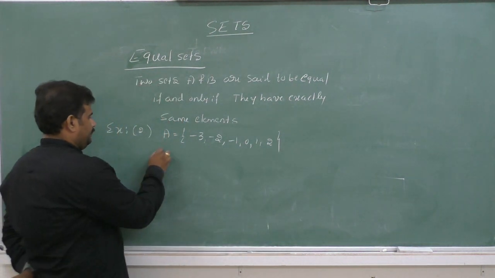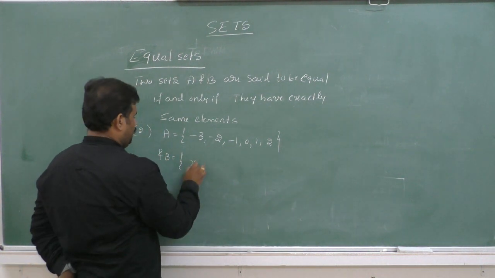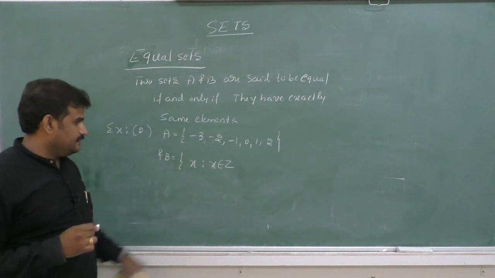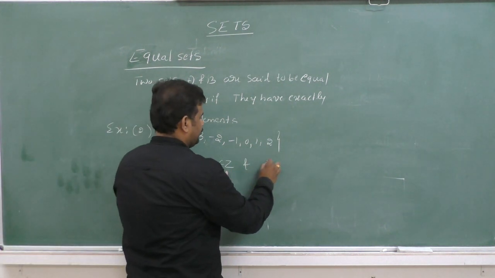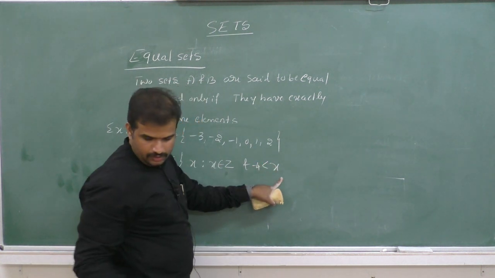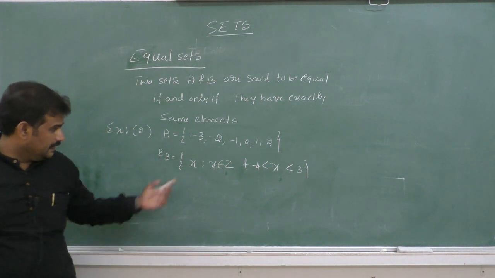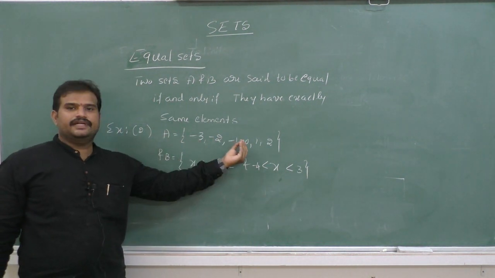And your B is given as set of all x such that x belongs to Z, Z is here integers, and x is greater than minus 4 and less than 3. This set A ಏನು ನಮಗೆ ಡೌಟ್ ಇಲ್ಲ because it is given in a roster form.